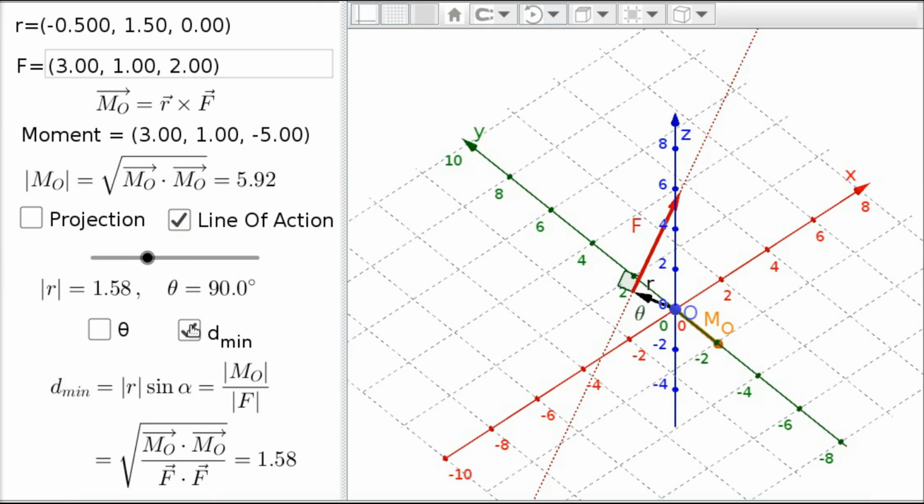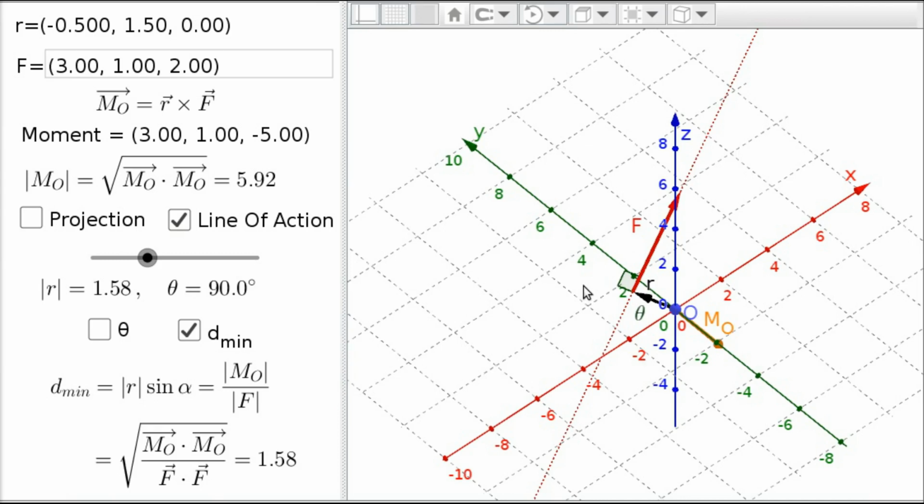If we look at the magnitude of r now drawn from the origin, we see that as we move our force vector along the line of action, again, the magnitude of r is changing, but the magnitude of r now is minimum when the vectors are at 90 degrees.